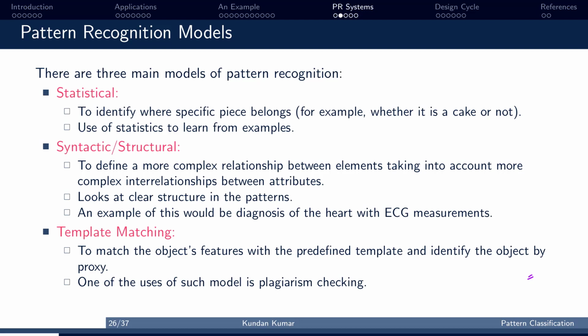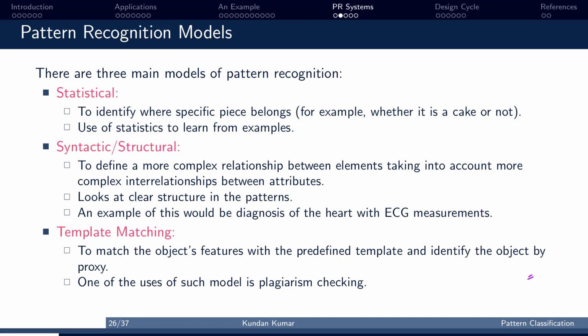One of the best examples is plagiarism, where we try to find text which is already published, that means someone has already written those texts. It checks whether some text is copied from previously published documents or articles. So here we use the template matching based pattern recognition model.